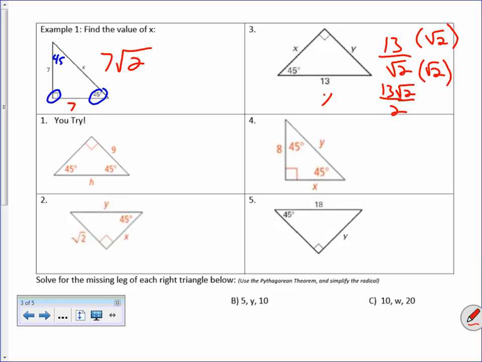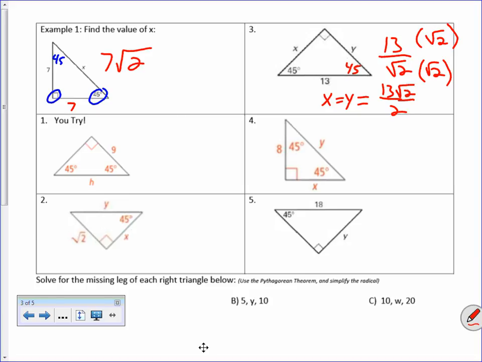So x, because we have a 45, 45, 90 triangle, x and y are both going to be equal to 13 root 2 over 2. So that's how you work backwards and find the leg when you're given the hypotenuse. Okay. Now you can go ahead and do questions 1, 2, 4, and 5.